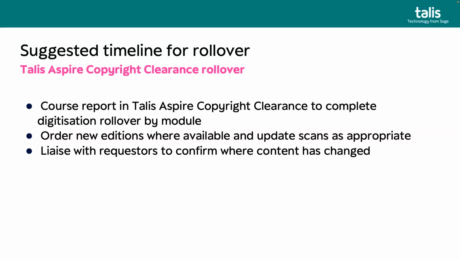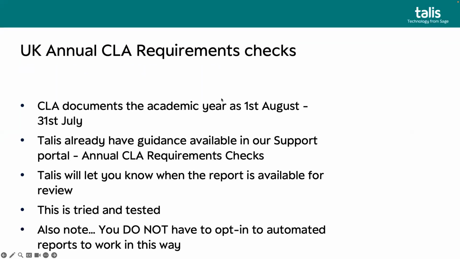A couple of things to finish. It's not strictly rollover related, but I will mention this at this point. Again, those of you working with Talis Aspire Copyright Clearance will know that in August each year, we need to run a thing called the UK Annual CLA Requirement Checks.